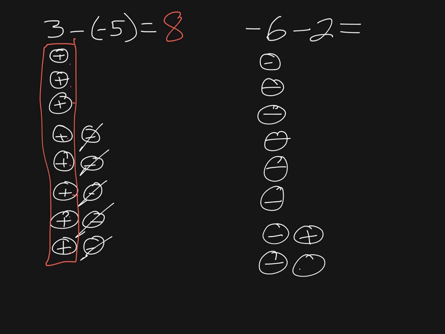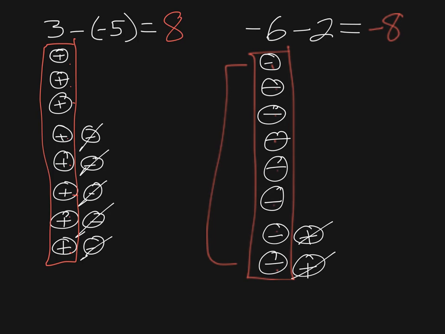There's 2 zero pairs. So now I have the 2 positives I need to take away. So I'm going to subtract 2, 1, 2. And what I have left is 1, 2, 3, 4, 5, 6, 7, 8. And that is a negative 8 because all of these are negative.